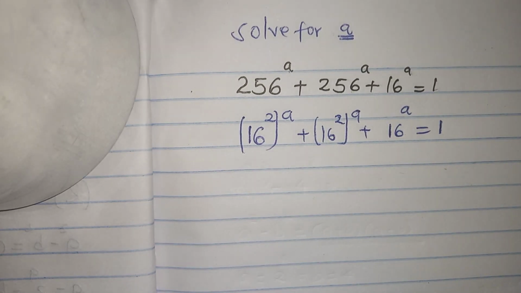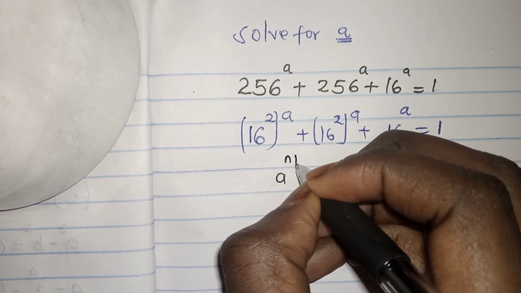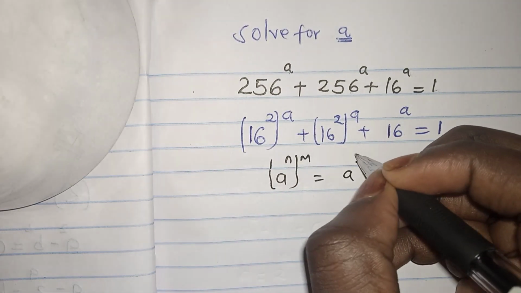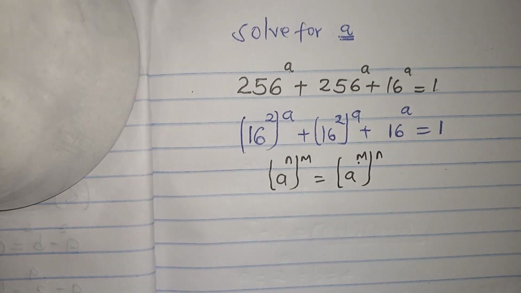I'm going to use this rule. This is an exponential rule where we have a to the power of n, all this to the power of m, is the same as a to the power of m, all this to the power of n. So this is a rule of interchange.